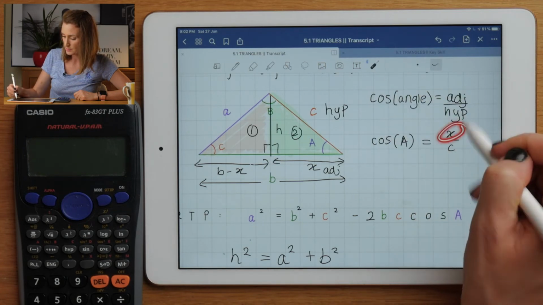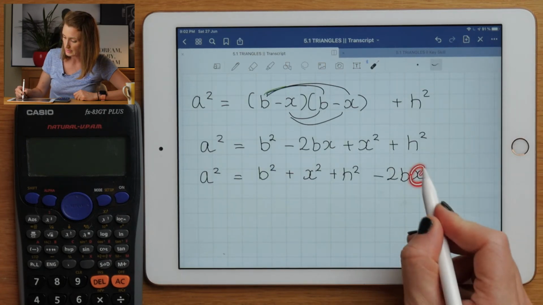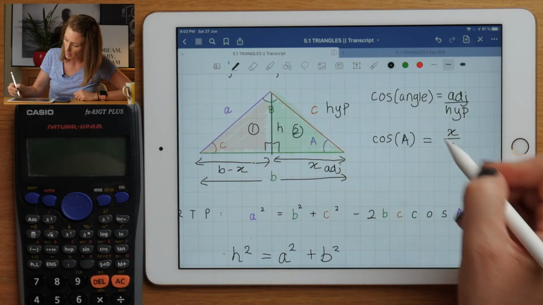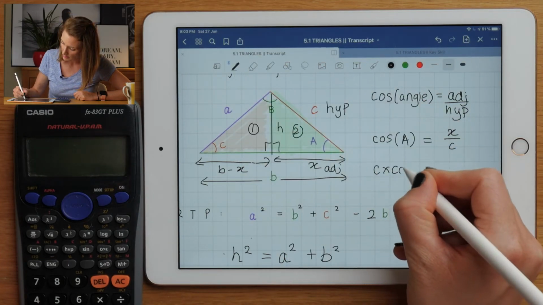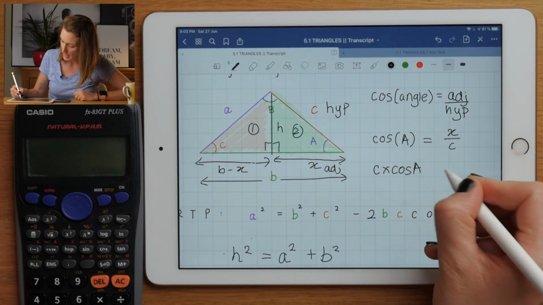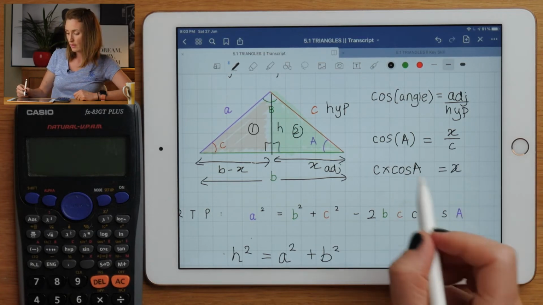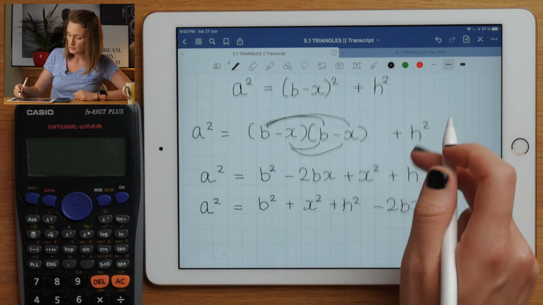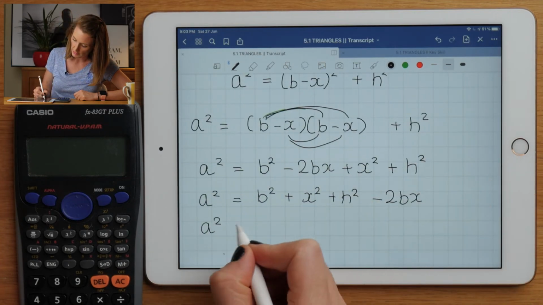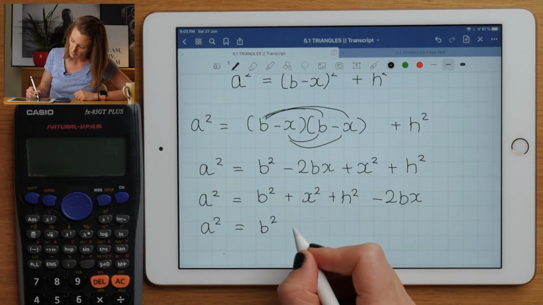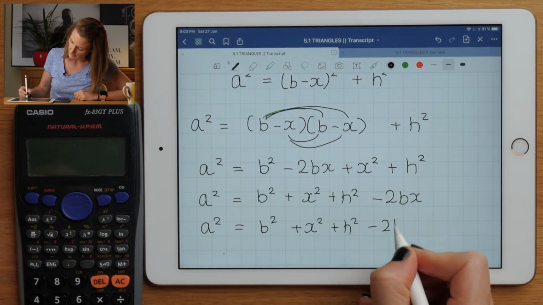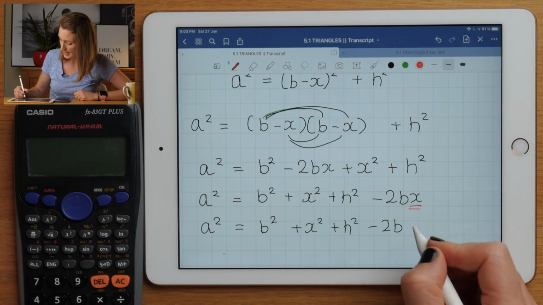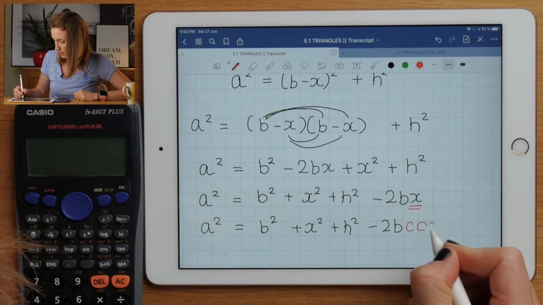I want x to be the subject of my equation because I want to substitute it in here. So I can move my divide by c to the left hand side and say c times cos A is equal to x. Now I'm going to substitute in here. So now my formula is looking a little bit closer to what is required, because let's put it in here. I'm going to replace x with c cos A.